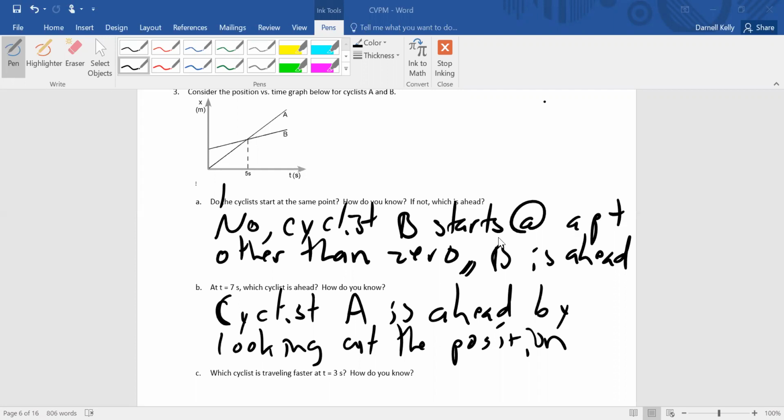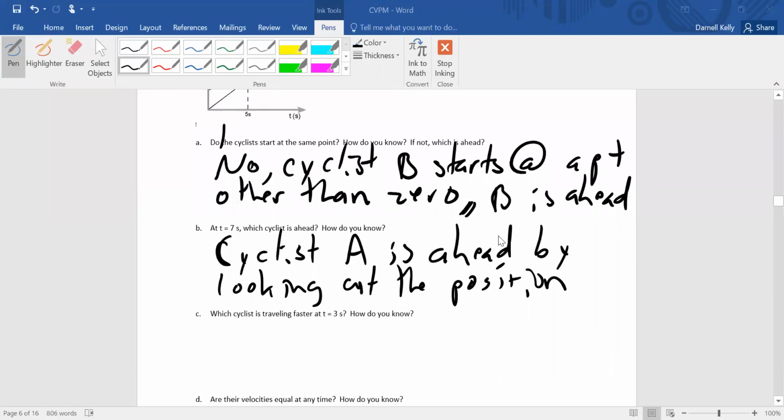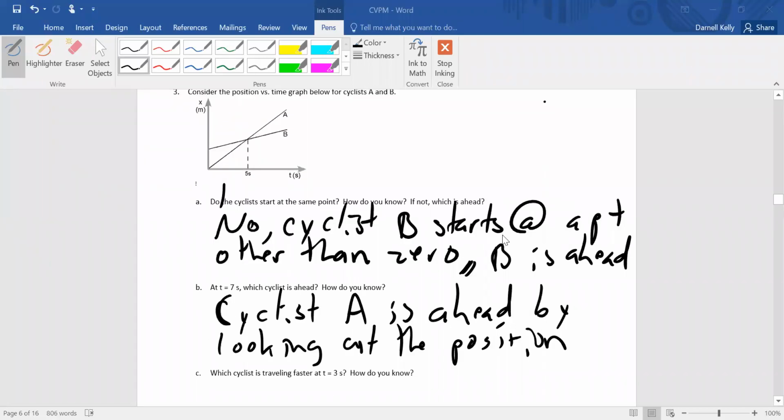Which cyclist is traveling faster at t equals 3 seconds? And how do you know? So based on this, real quick, somebody chime in. Which cyclist is traveling faster at 3 seconds? Cyclist B. Absolutely.